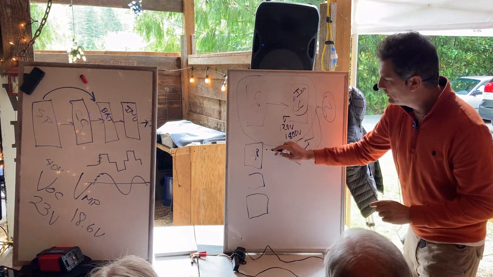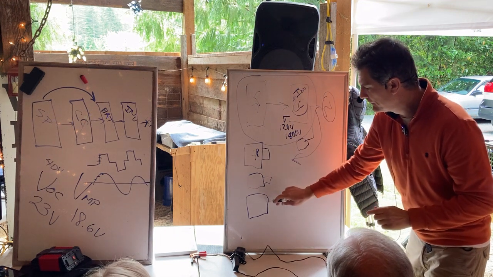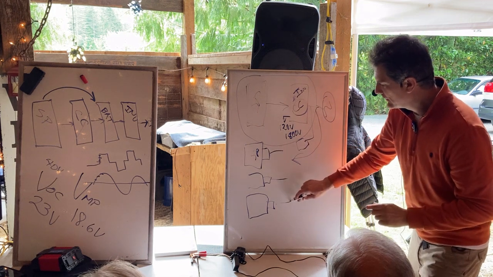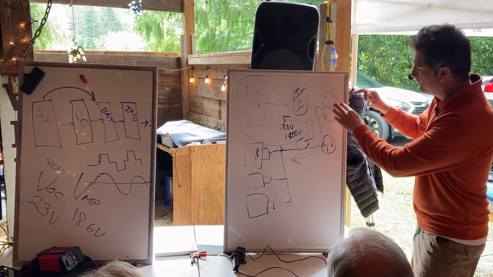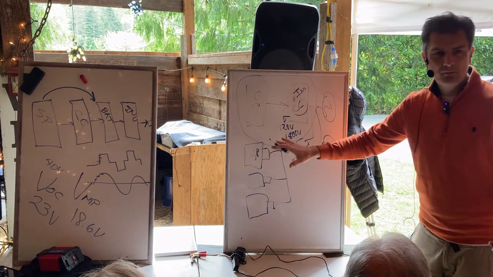On the back of these solar panels, they put this small inverter, which is called a microinverter. Then they take these outputs, combine them all together, and run it to the grid.